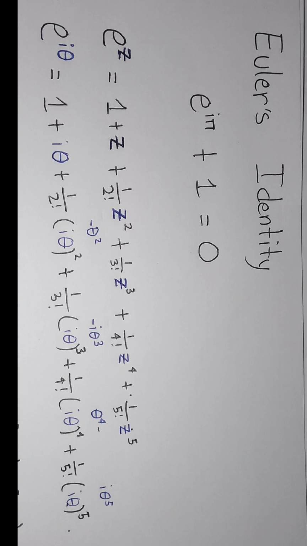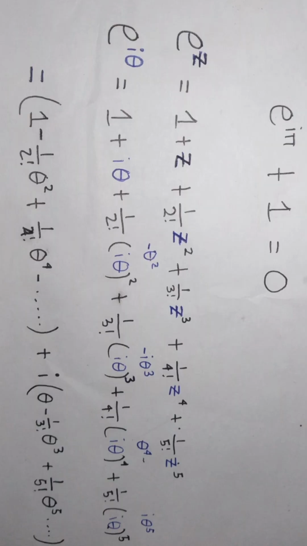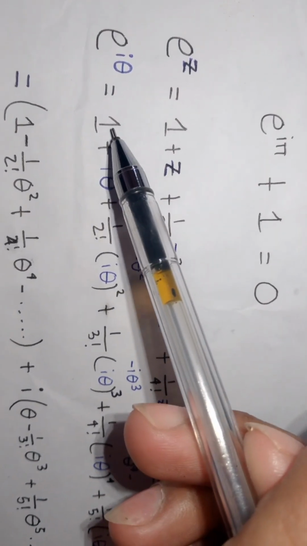Next, we write the terms without i. So let's start with 1 minus 1 over 2 factorial theta raised to the power of 2 plus 1 over 4 factorial theta raised to the power of 4. How did I get that?